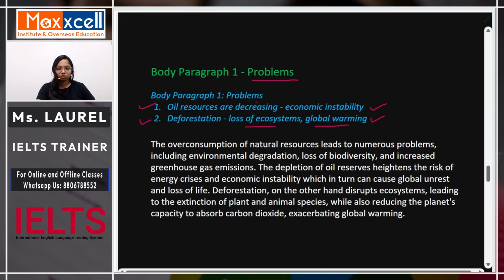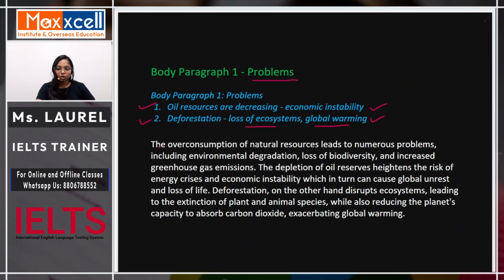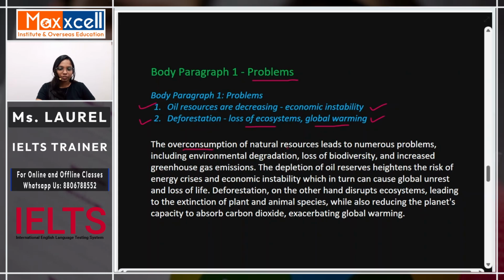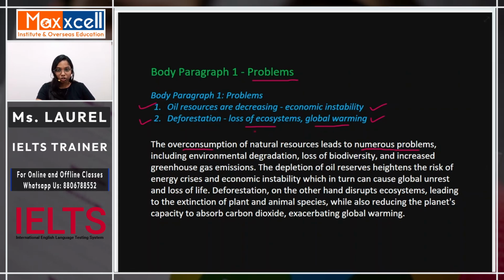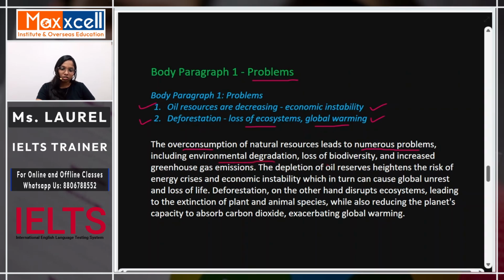So these are the 3 things we are going to cover in this paragraph. So here we go. The overconsumption of natural resources leads to numerous problems, including, now in general, what does natural resource overconsumption result in? That is environmental degradation, loss of biodiversity, and increased greenhouse gas emissions.